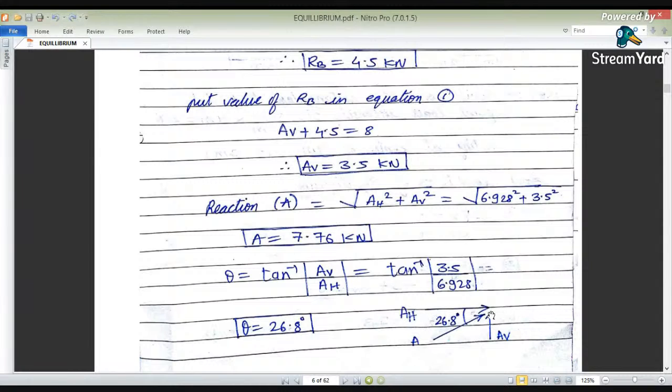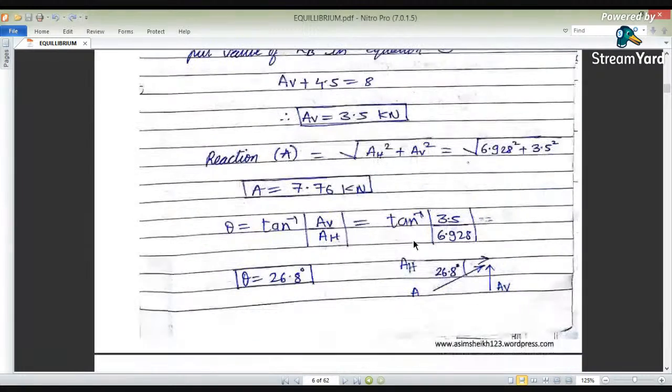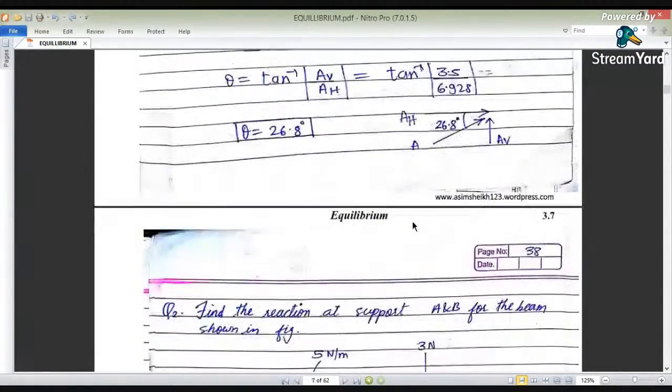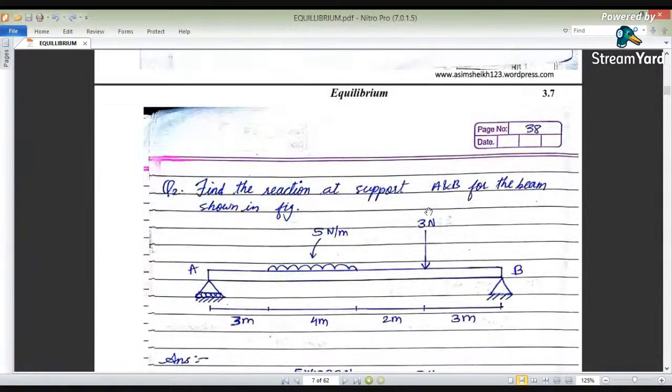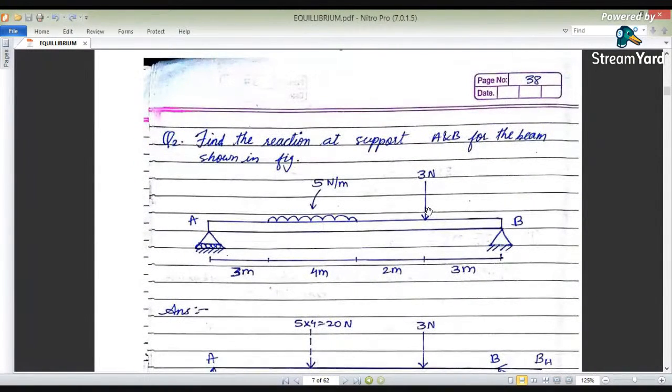Suppose there is a beam attached here, in which a vertical force is there and a horizontal force is there, and this 26.8 is the angle it makes with the horizontal. What is the value for A? That is nothing but 7.76 kilonewtons. So in this way, first we released the beam from supports, and next we resolved the forces.